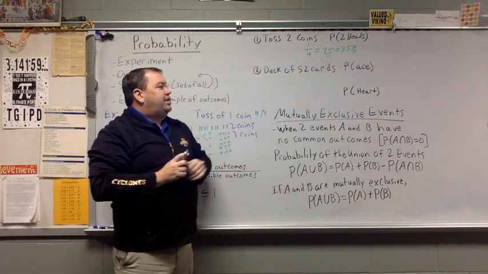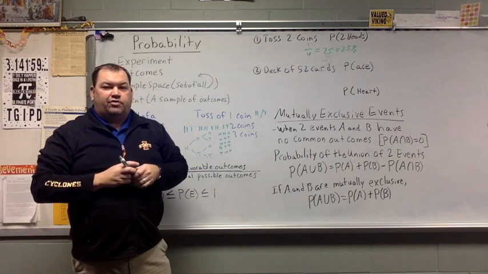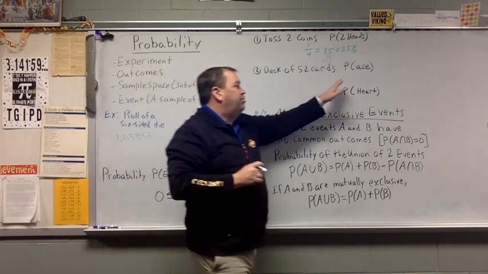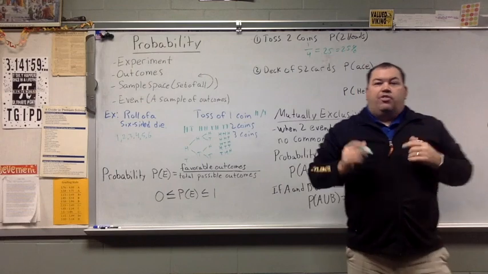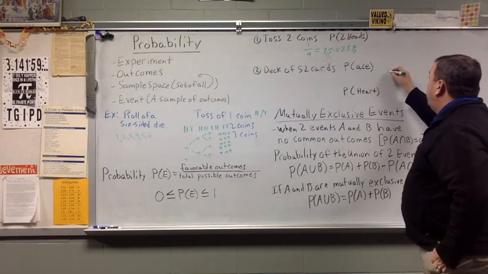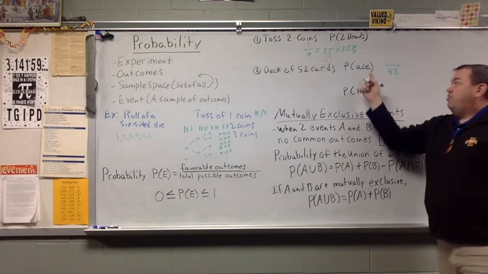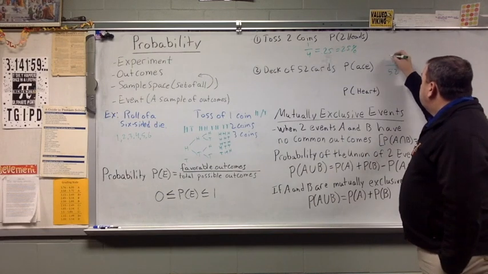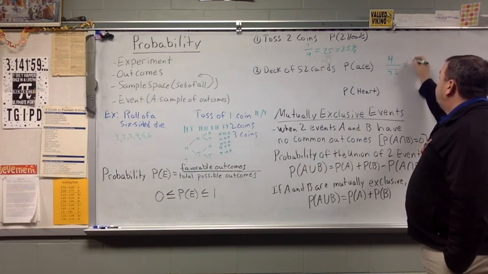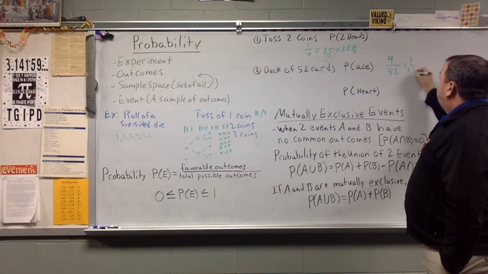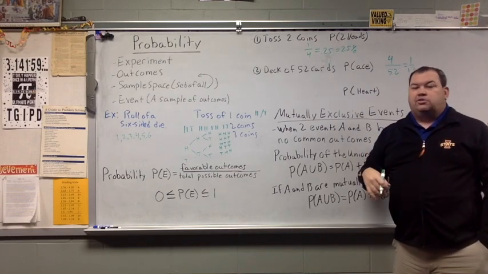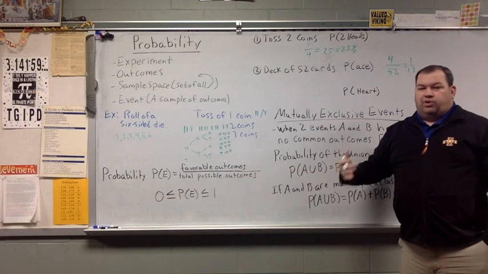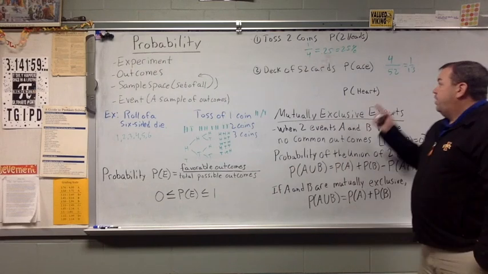If I take that deck of cards, a standard deck has 52 cards, and I talk about the probability of drawing an ace, there are 52 total possible outcomes, but I'm only looking for an ace. There are 4 of those. 4 out of 52, if we reduce that, 1 out of 13. We can leave it as a fraction, change it to a decimal, whatever we want to use for our format.